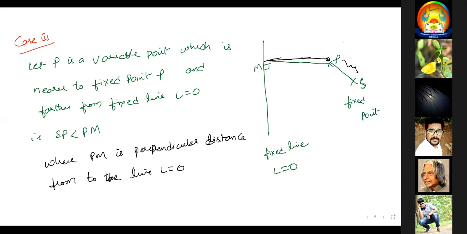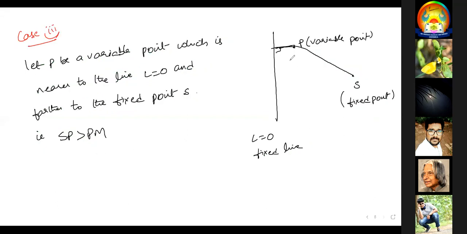I'll draw it. This is the perpendicular distance. This is the variable point. Same here also, this is the perpendicular distance, where PM is a perpendicular distance.